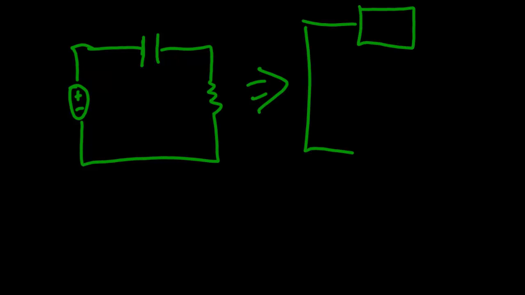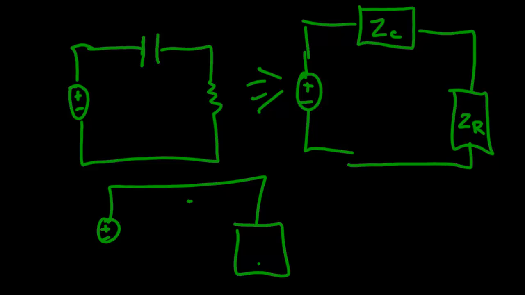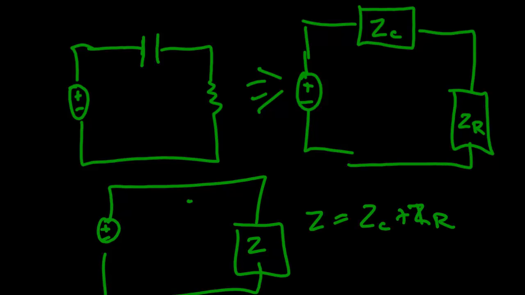So that's an impedance, this is an impedance, and this is just our voltage source. So this would be ZC, and this is ZR. So we can redraw this as an equivalent impedance, as just one impedance. Z is equal to ZC plus ZR. So this is in series, right?